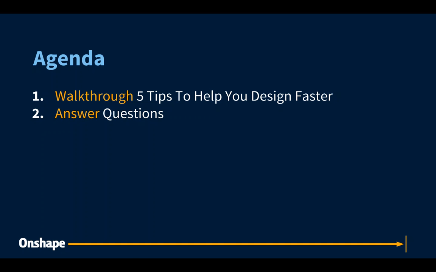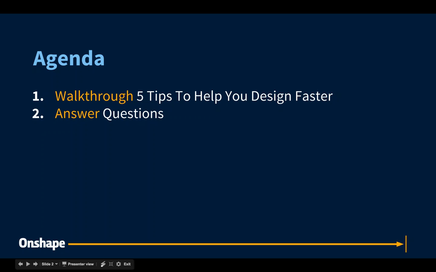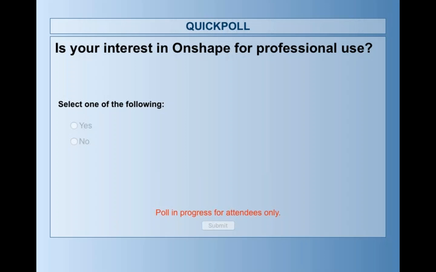I'd like to ask a question of the audience. If you would bear with me for just a moment, I'm always interested in what kind of audience is listening, and are you interested in Onshape for professional use? Are you using Onshape today for professional use? Are you using Onshape today as a hobbyist? It really helps me to tailor the presentation towards that particular group.